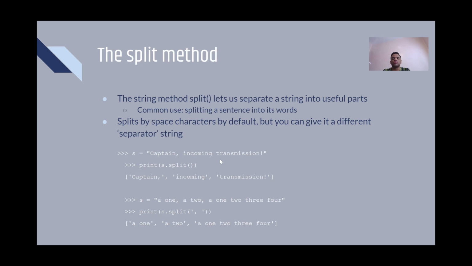So you could pretty much draw lines right here to separate. Instead of going by each character, now we're going by each word. Think of a list now: when we throw in the split method, we're indexing as we would through a list instead of a string. When you print s.split, it split the string captain incoming transmission into its individual words.